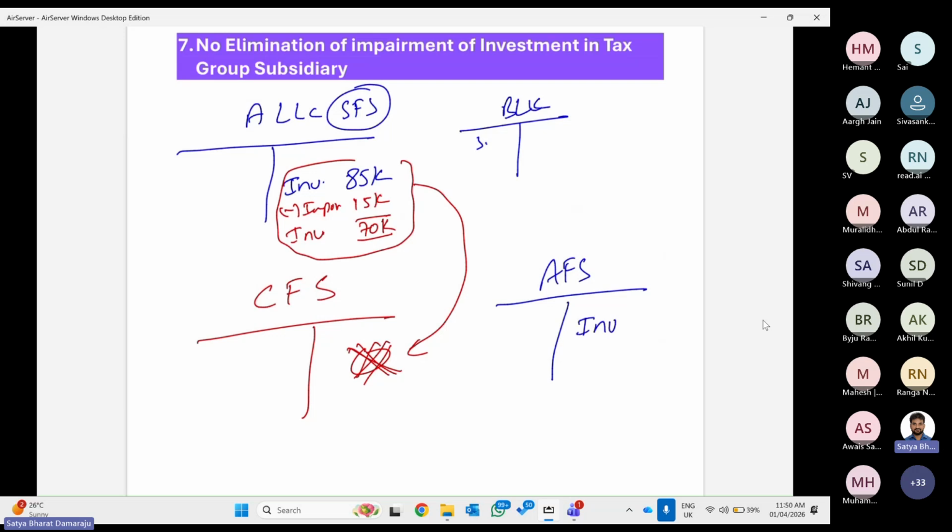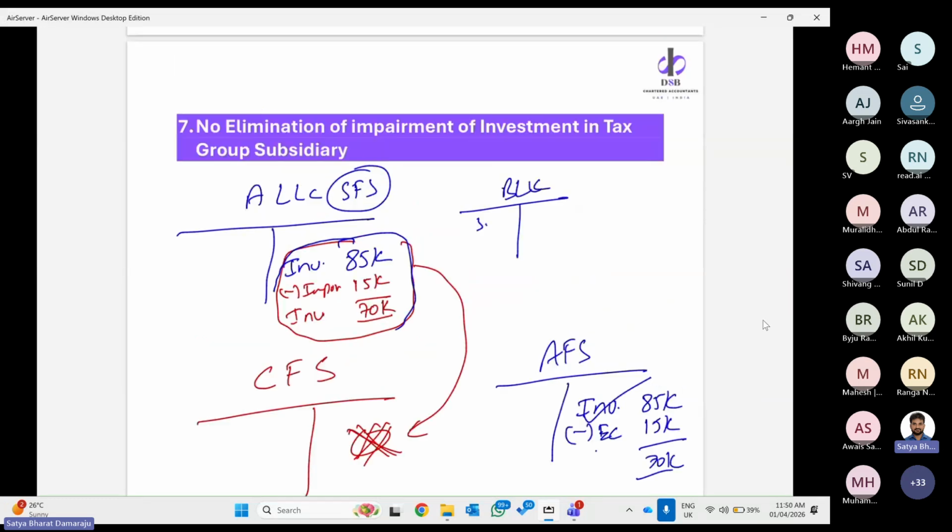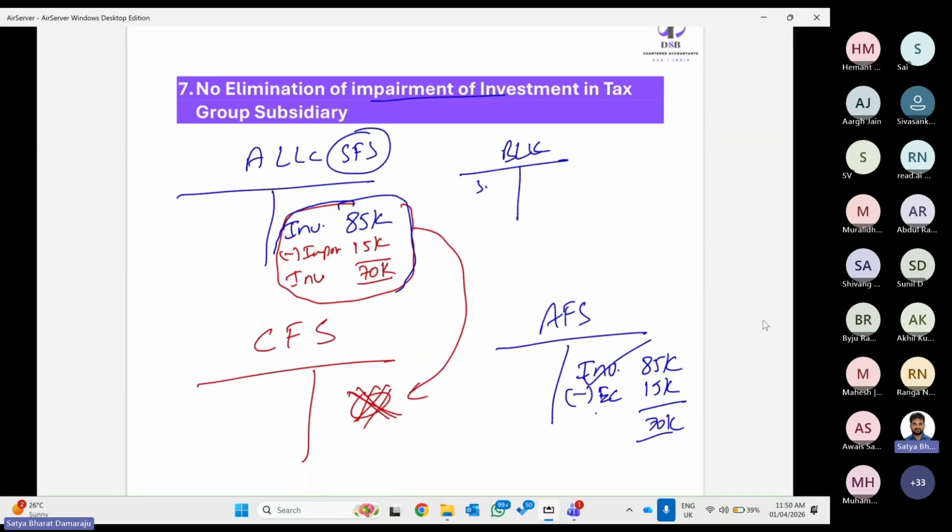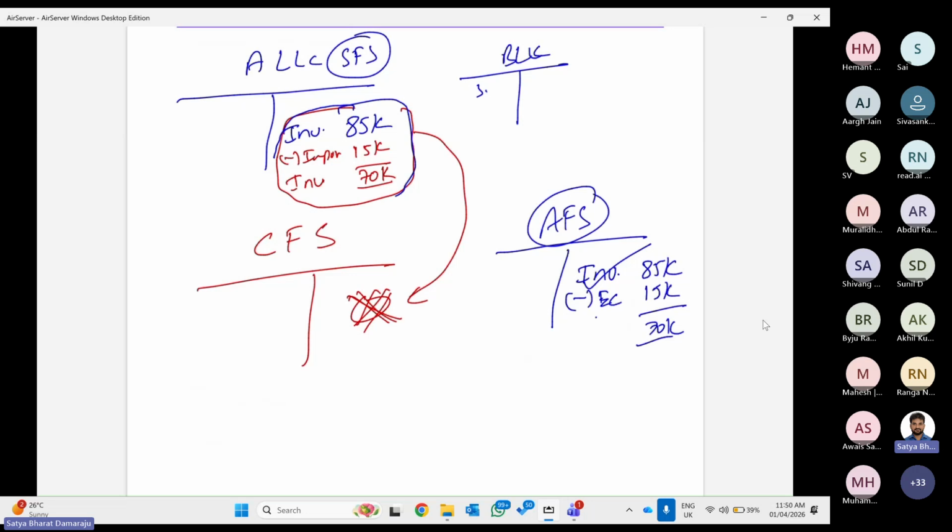You have to show your investment of 85,000 and continue to show your ECL or impairment loss of 15,000. Don't delete anything. For CFS, you may be removing anything pertaining to the investment in subsidiary, but for AFS, you have to show your investment plus any impairment losses that were carried in the SFS. Clear? So that is the next adjustment.